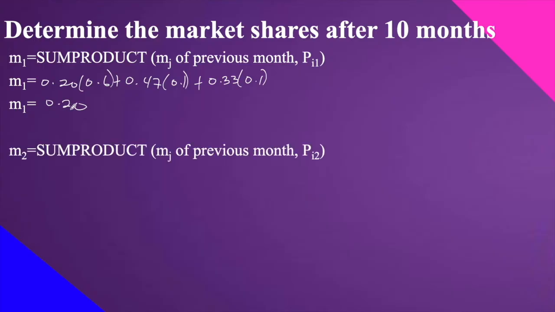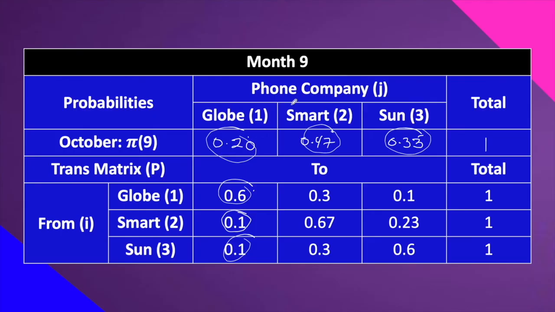So, next we have the M sub 2 or the market share of Smart, which is, ang formula natin, still, no, ganun pa rin, sum product of M sub J of previous month, P sub I2. Okay, and this is equivalent to 0.20 times 0.3. Itong column na po tayo dahil Smart na tayo.